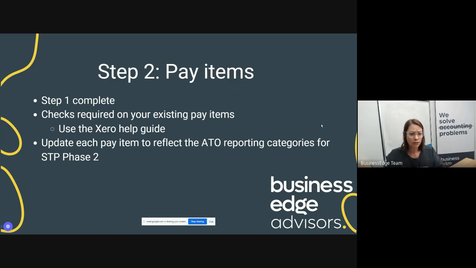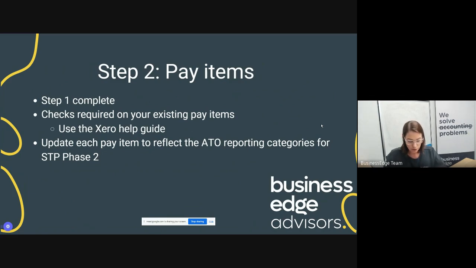Some businesses might only actually use 1 or 2 different pay items in their file. It's really important that you go through and have a look at what you've got to make sure that they meet the ATO reporting categories for it. And Xero provides a great tool on what those reporting categories are to make sure that they match.